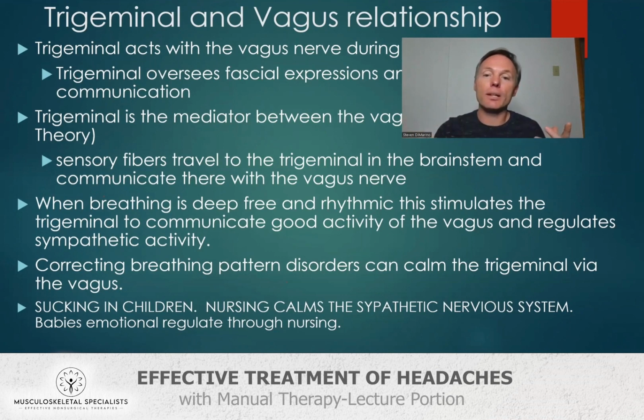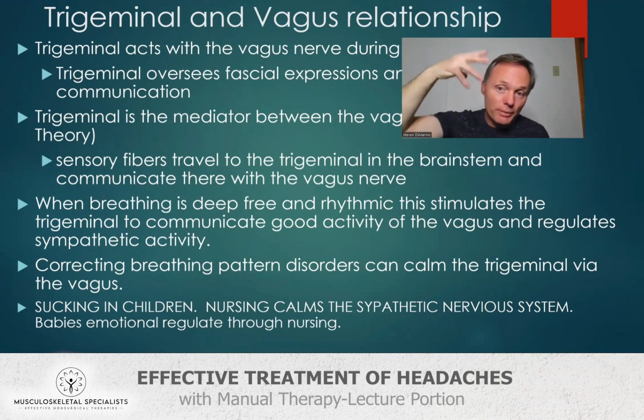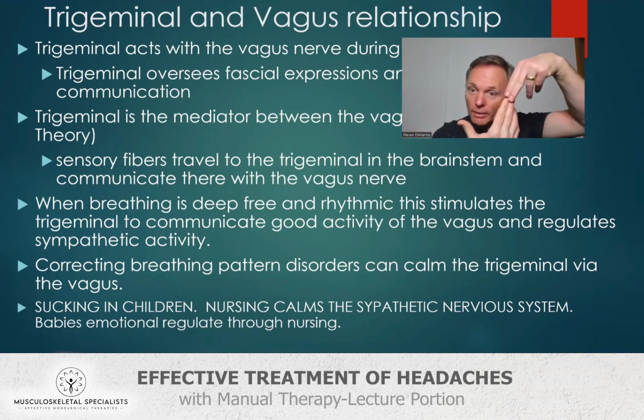Then the vagus can down regulate its excitability and regulate the sympathetic to tone it out, and then calm the trigeminal, right? These trigeminal neuralgia patients need the breathing pattern disorder treatment as well. Correcting the breathing pattern disorder calms the trigeminal, calms the headache, because the trigeminal is where you're feeling the headache. So this is all tied together.